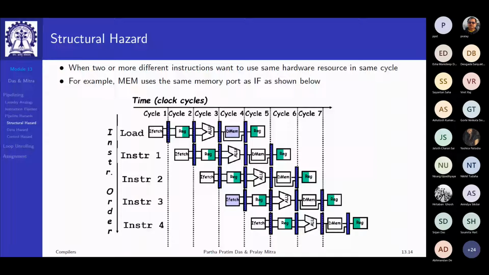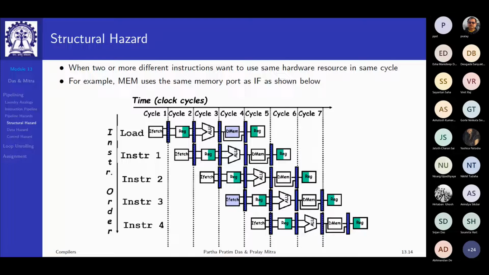So structural hazard basically tells us two things. One is it could be because of the hardware. For example, here we show that one instruction is trying to do the mem stage and another is trying to do the instruction fetch. If they use the same memory port, then we'll have a hazard. Or it can also happen that when we introduce knobs for managing stalls, naturally the usual order of the different stages for an instruction gets changed.